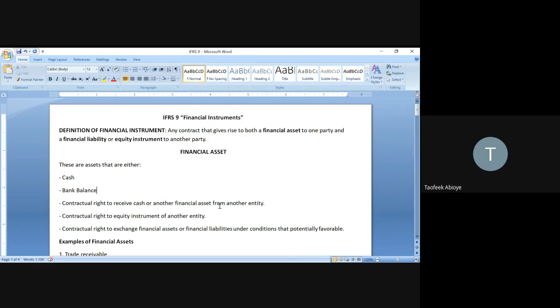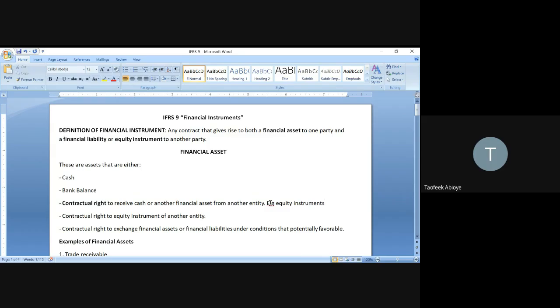So what are we saying? Do you know that when you invest in another company, for example equity instruments, you have a right at every financial year to a dividend?